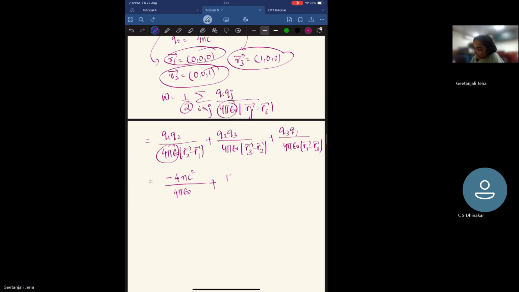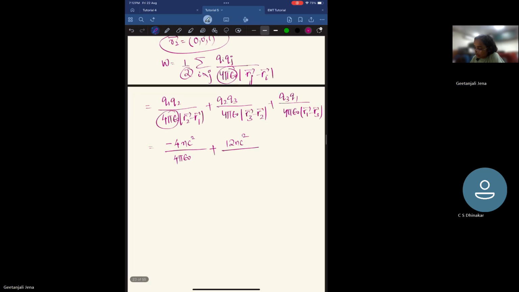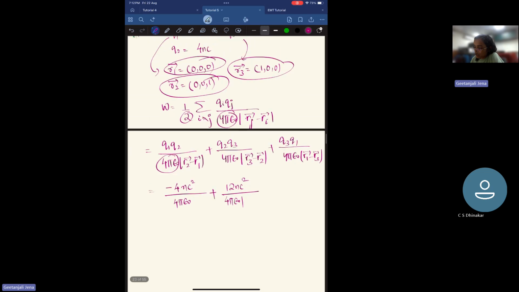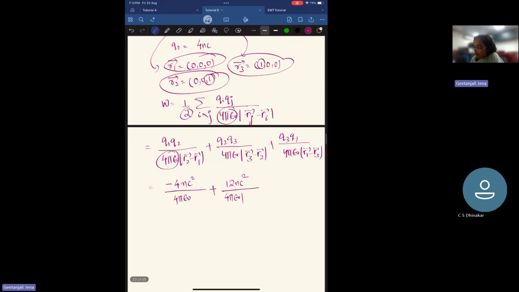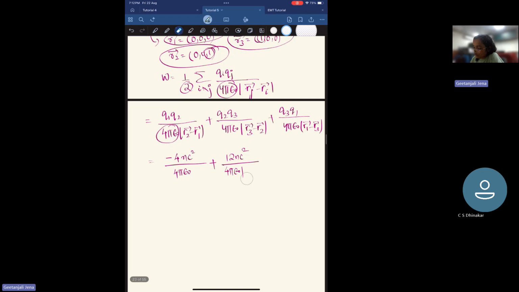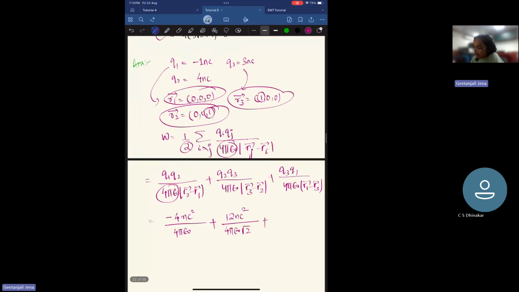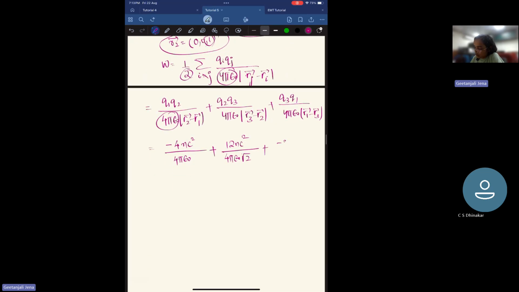Plus Q2 Q3 will give 12 nanocoulomb square over 4 pi epsilon naught. R3 minus R2 is one x cap and one k cap. The mod will give root 2. Plus Q3 Q1 will give minus 3 nanocoulomb square over 4 pi epsilon naught. This is 1.